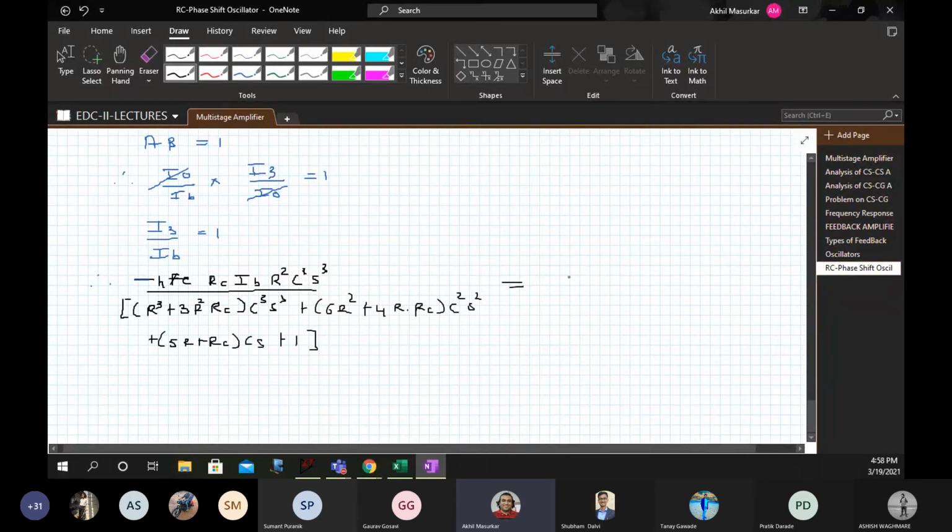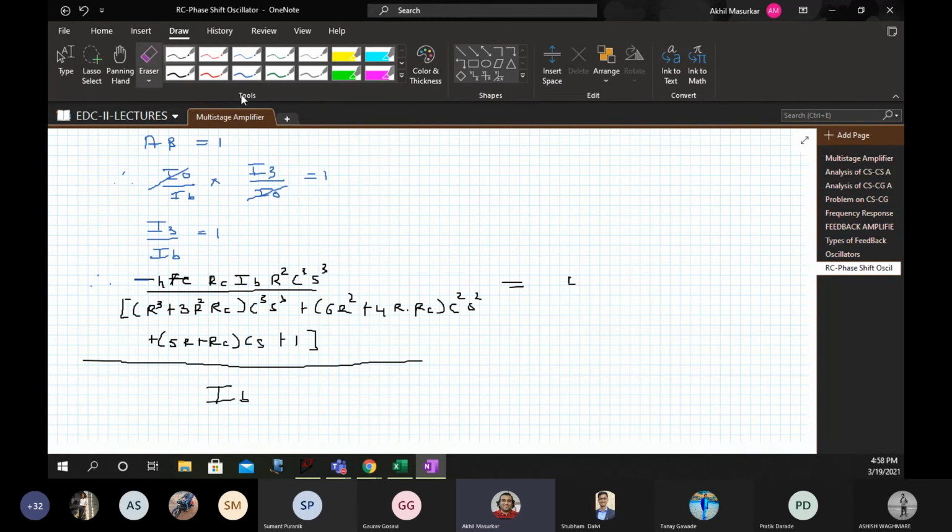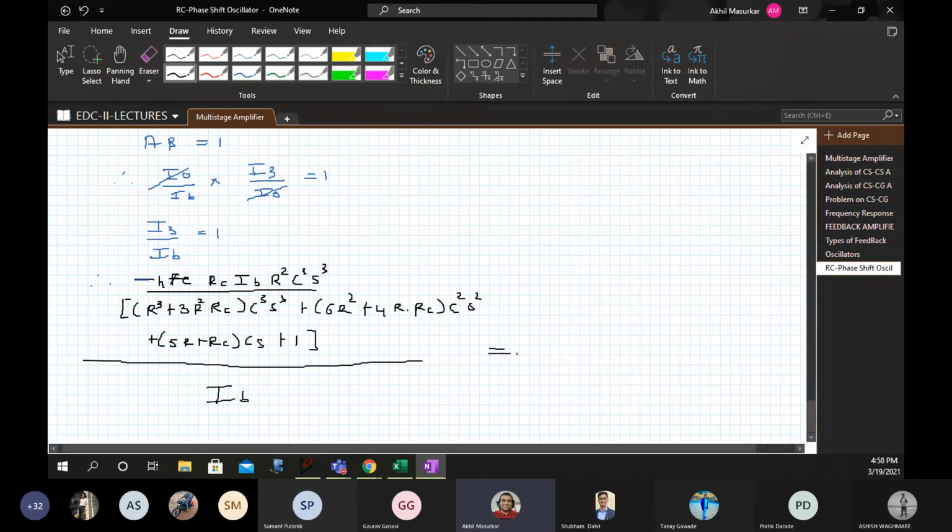So all this should be equal to 1. This entire thing upon IB should be equal to 1. And while doing this, you can very easily note that IB and IB can be cancelled out.